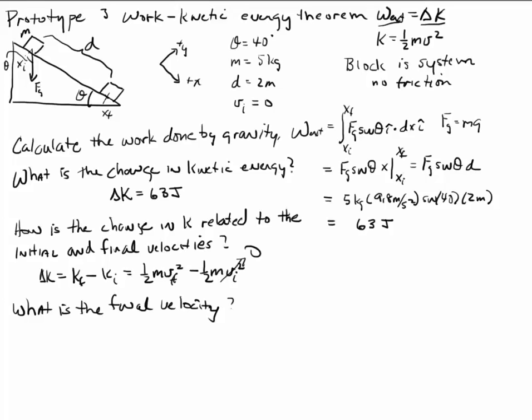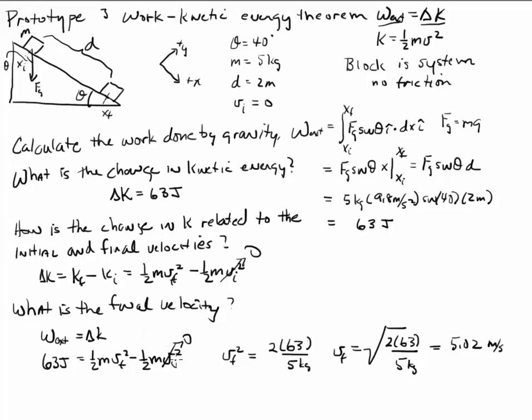So 63 joules is equal to the change in kinetic energy, which is 1/2 mv final squared minus 1/2 mv initial squared. That's 0. And we can solve for the final velocity squared. And that's 5.02 meters per second. End of problem.